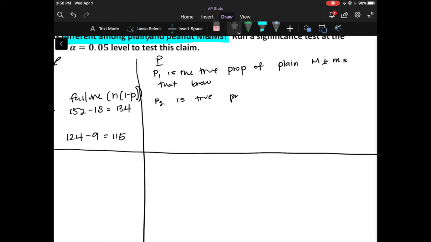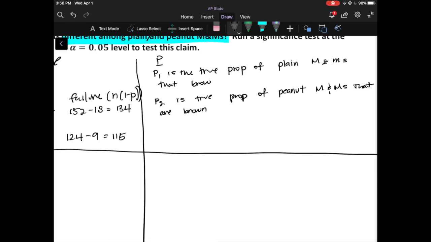And P2 is the true proportion of peanut M&Ms that are brown.